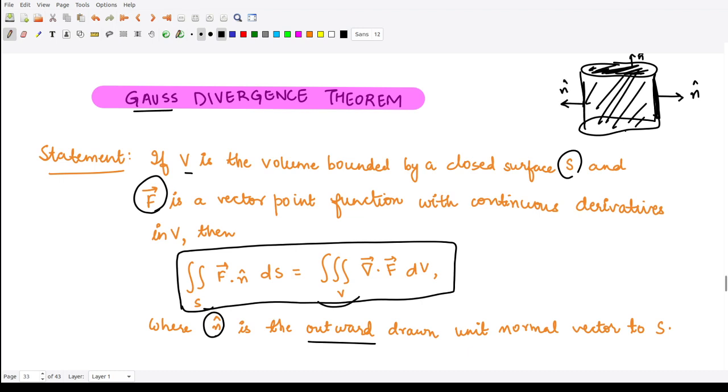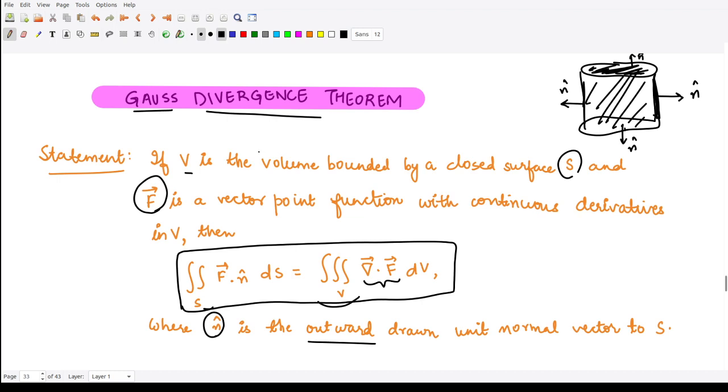For the surface below this, it would be like this, right? So this is our n cap vector, and here we say the surface integral of the vector f dot n cap is equal to the volume integral of the divergence of the vector f. That is why its name is the divergence theorem, right?